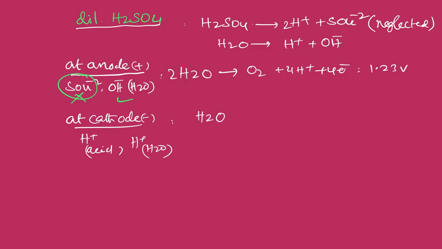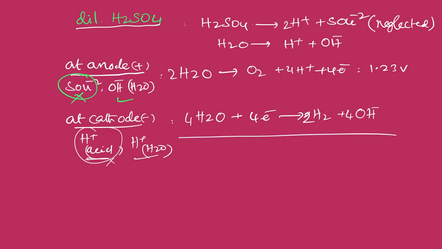Therefore H2O gains 4 electrons and converts into H2 plus OH-, balanced. Why I did not write the acid: it is a negligible amount, that's why this reaction takes place.